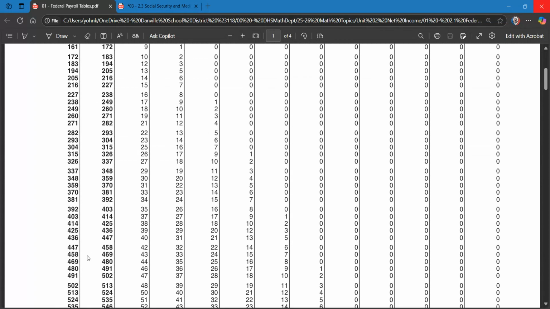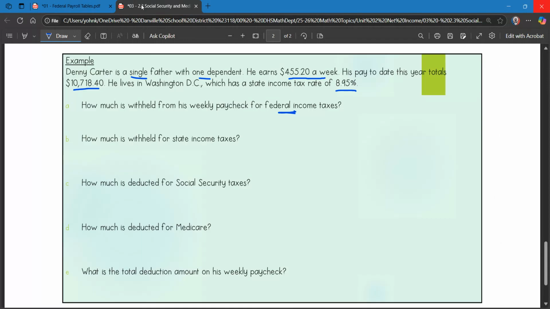So we're looking right down here. $455.20 is right here, and we said one dependent. First column is 0, second column is one dependent, so $32 federal.